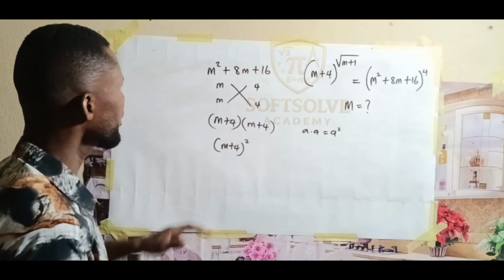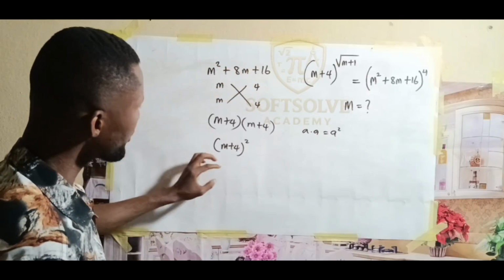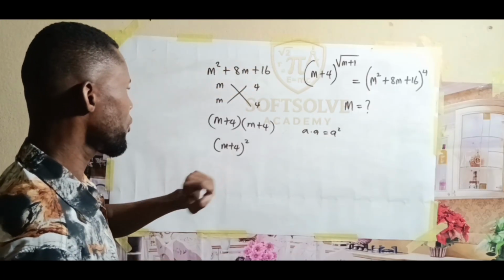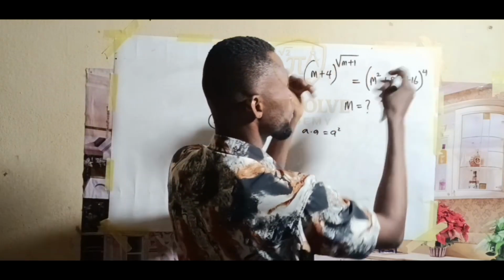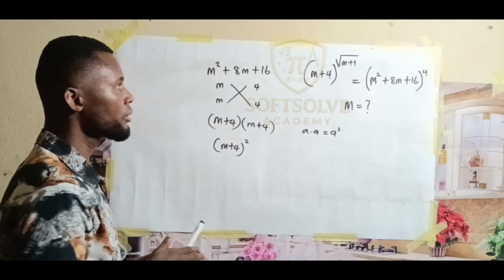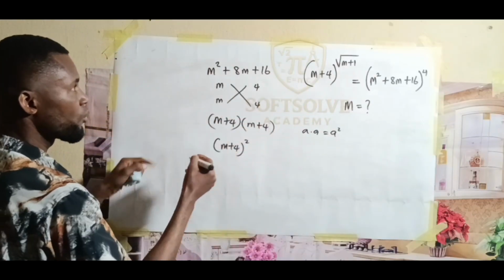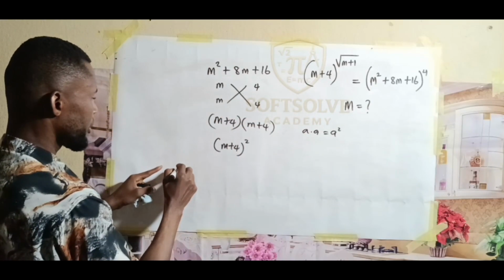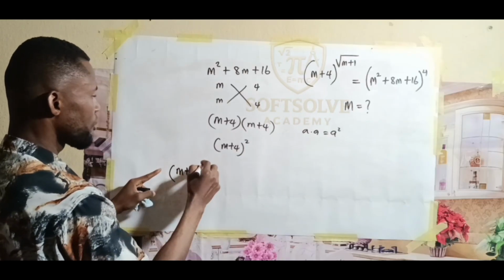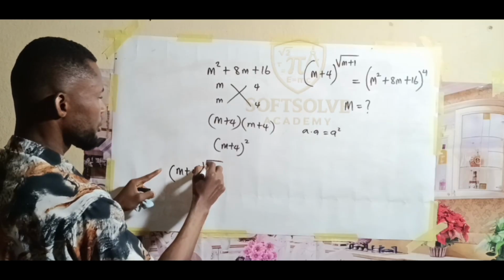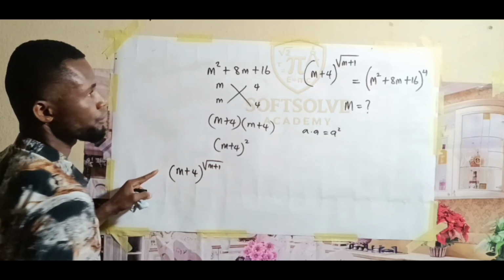So this whole thing is broken down to m plus 4 all squared. Now I'm going to take this back into this particular bracket. Let's involve everything. We'll be having m plus 4 all to the power of the square root of m plus 1.